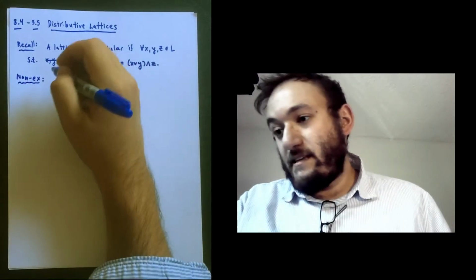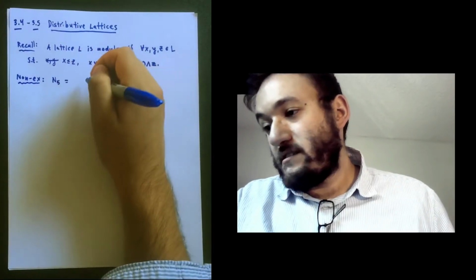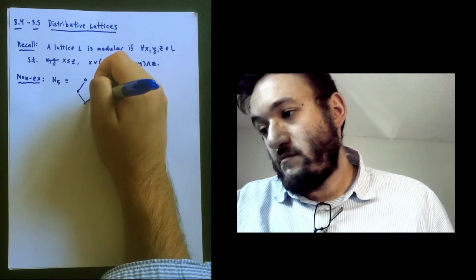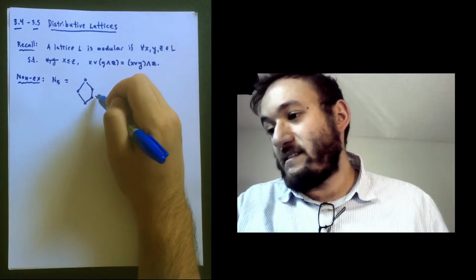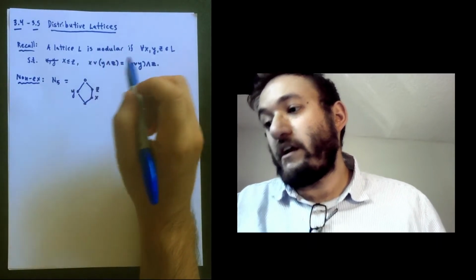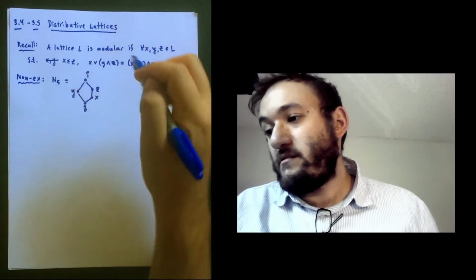is the lattice that is sometimes called N5 in the literature, and it looks like this. Okay, we have x less than or equal to z, and y over here. This is our 0 element, and this is our 1 element.